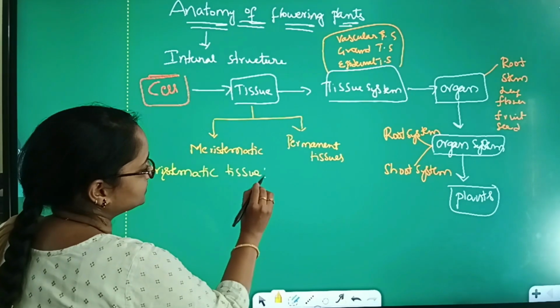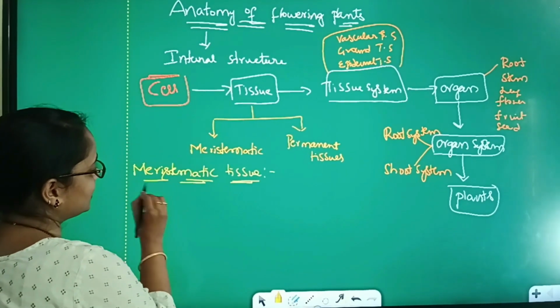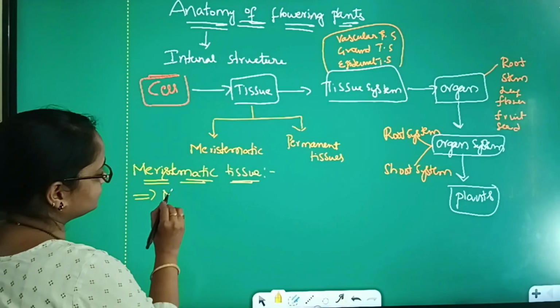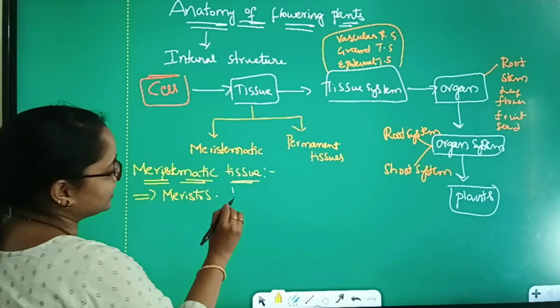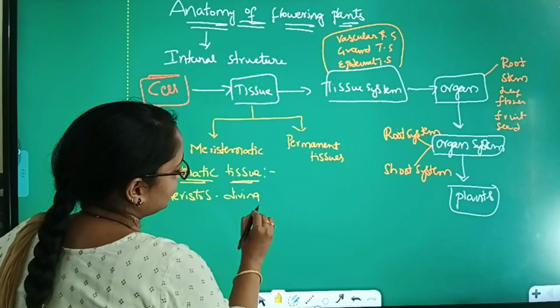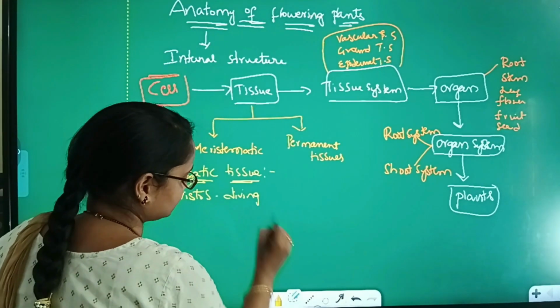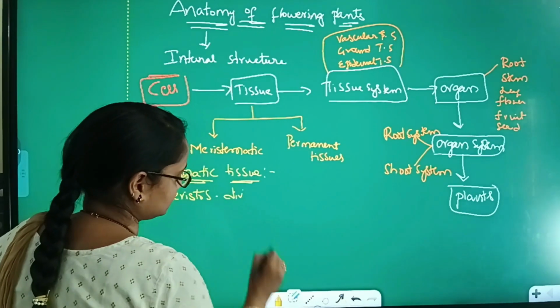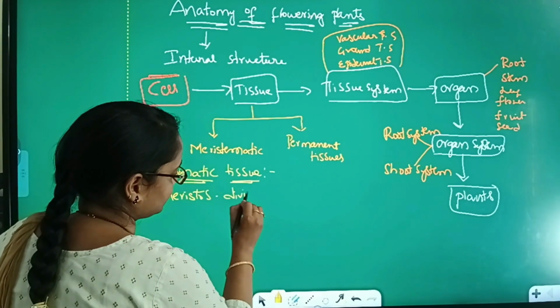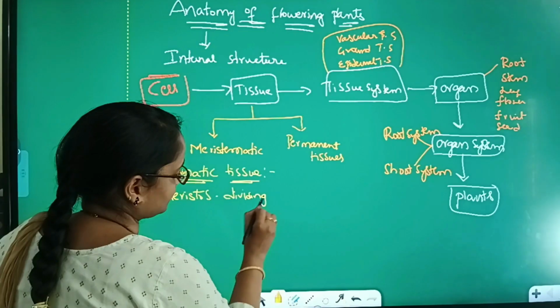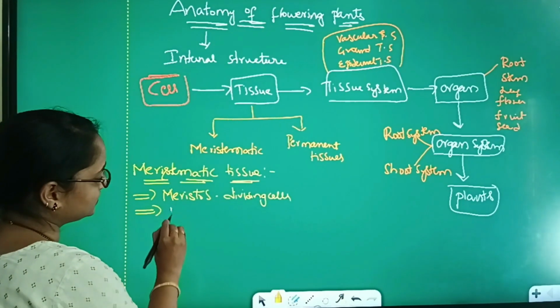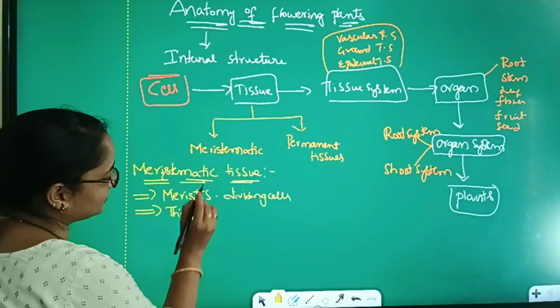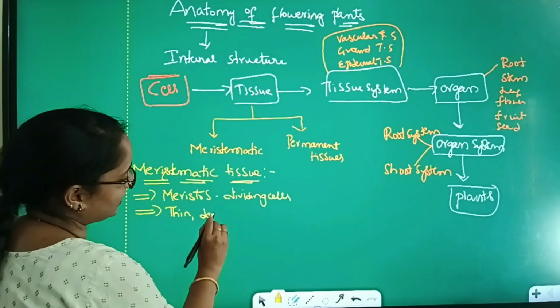Meristos means thread-like structure. Meristos, dividing cells. Okay, these are dividing cells, and these cells are thin, having dense cytoplasm.